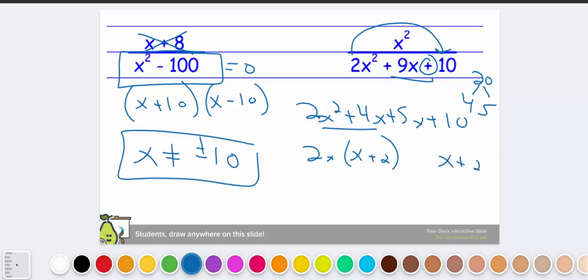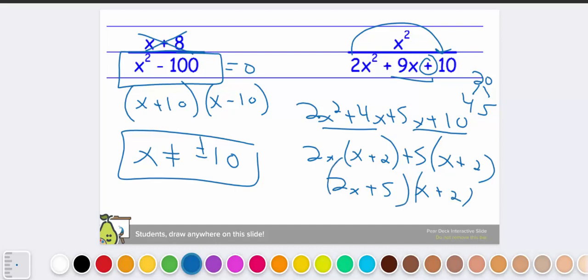We need x plus 2 right away. That makes the GCF of 5x and 10 to be 5. So 2x plus 5 and x plus 2. Alright, these are the ones equal to 0. So x is not allowed to be negative 5 over 2 or negative 2.